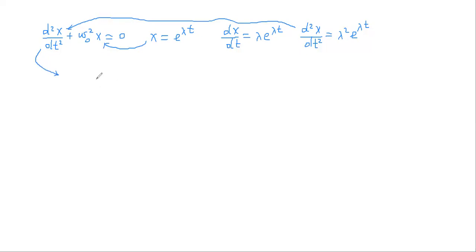We have lambda to the power of 2 multiplied by e to the power of lambda t plus omega 0 to the power of 2 multiplied by e to the power of lambda t, and this is equal to 0.